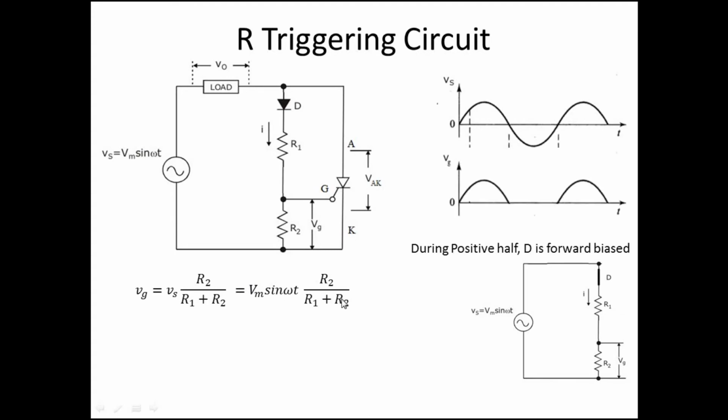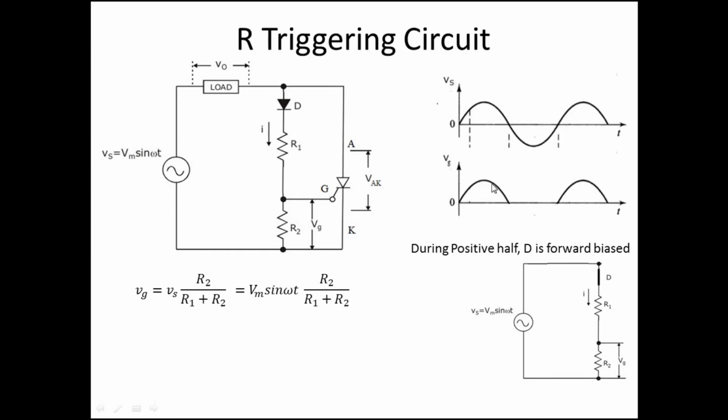It is like this, present only in the positive half because D conducts only in the positive half. In the negative half the current is 0, since it is reverse biased and not conducting. This is the magnitude.